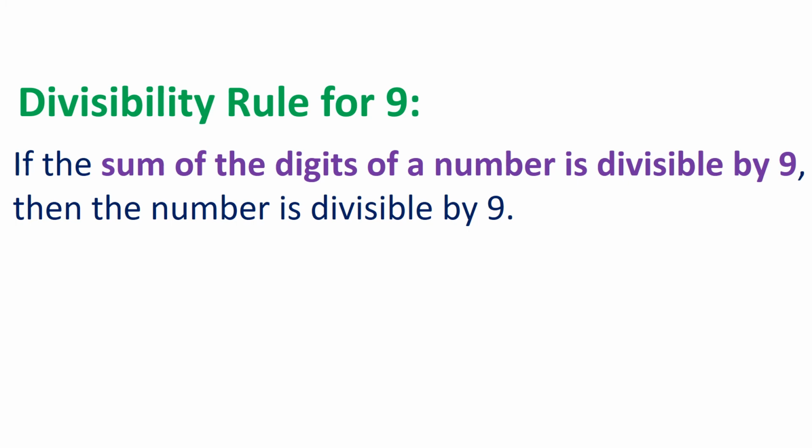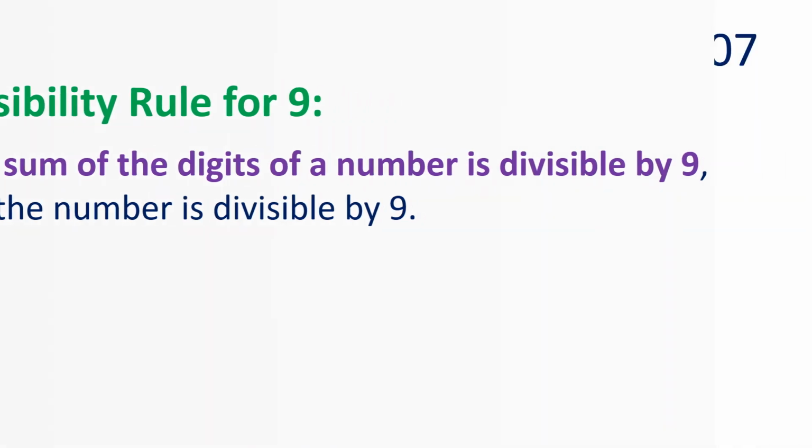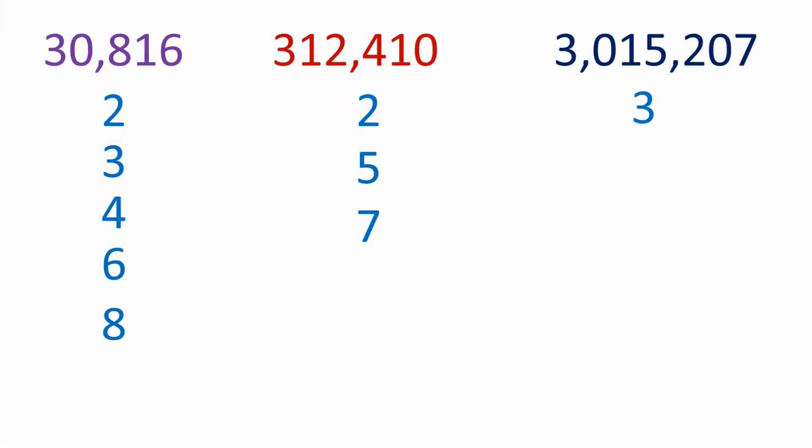Next, we want to know if those numbers are divisible by 9. The divisibility rule for 9 is if the sum of the digits of a number is divisible by 9, then the number is divisible by 9. Now let's apply it to our given numbers. Let's take the sum of the digits of the first number.